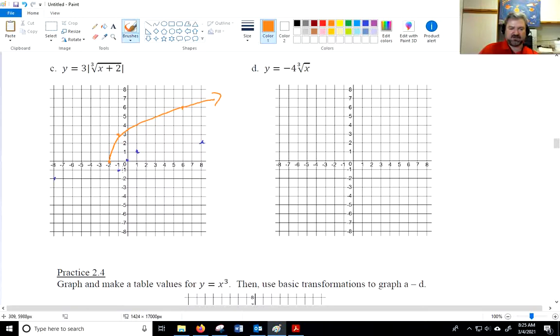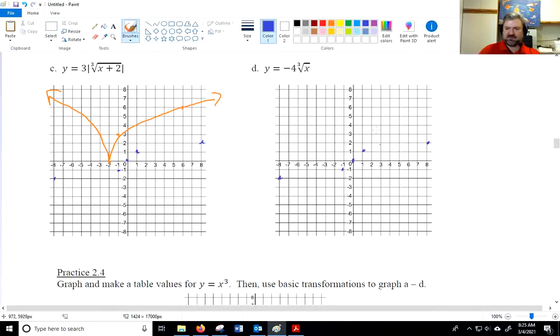Now let's go the other direction. -1, -1. Move it to the left. Take the absolute value, makes it +1, and then multiply that by 3. And I think you can see what's going to happen. It's going to be the same thing to the other side. All right, next we have the -4 times the cube root of x. So let's start with our parent function again.